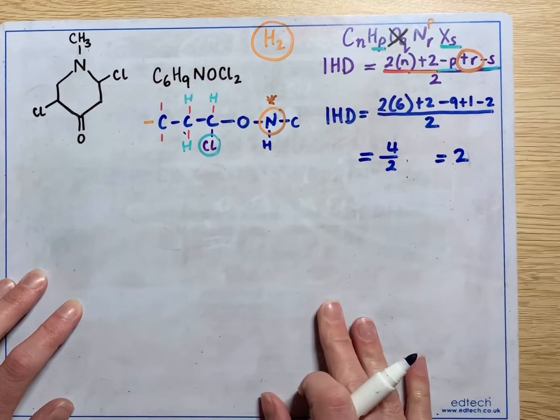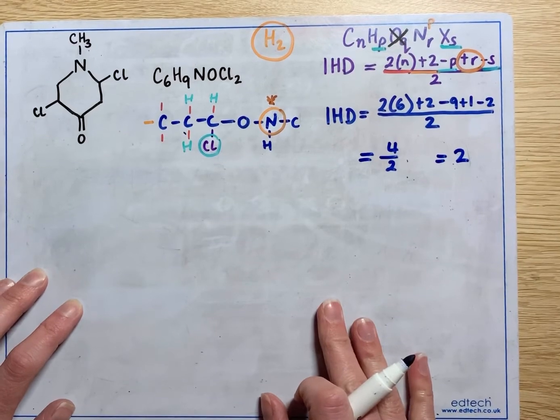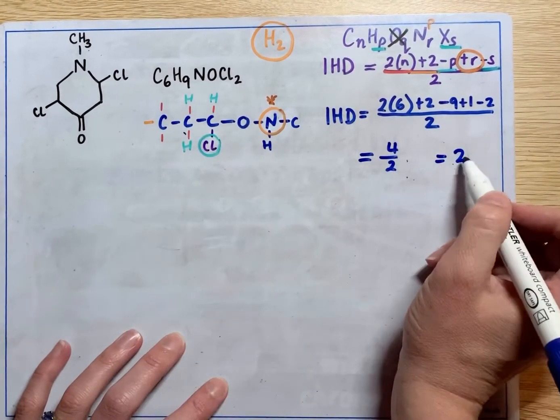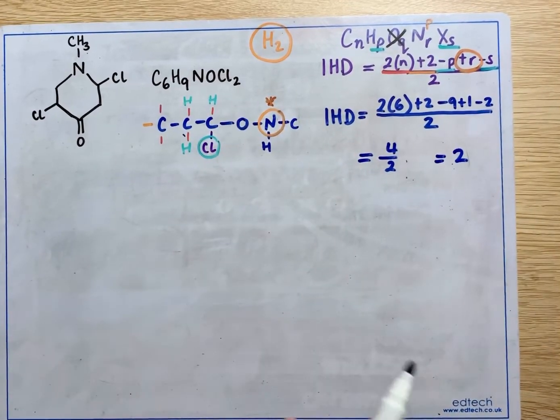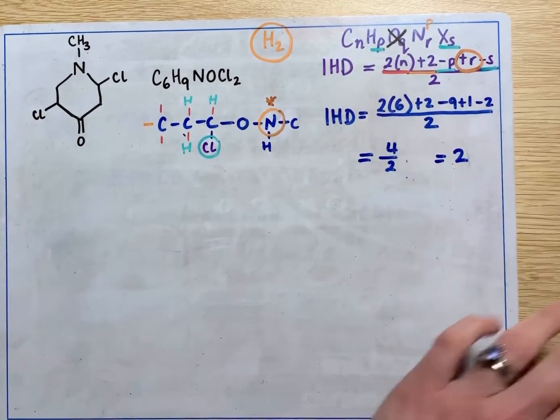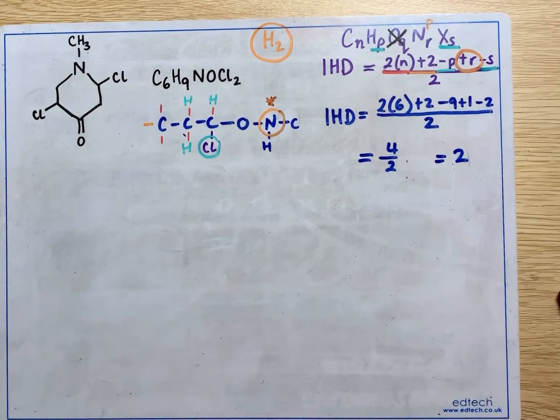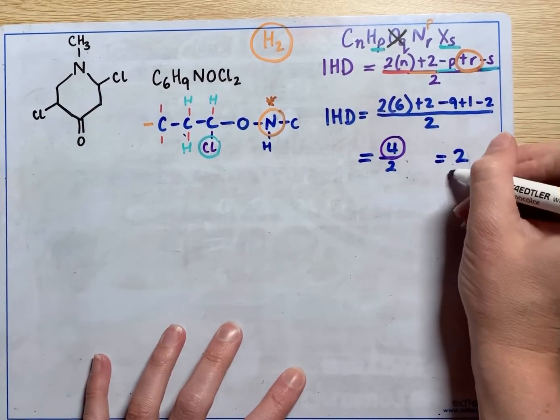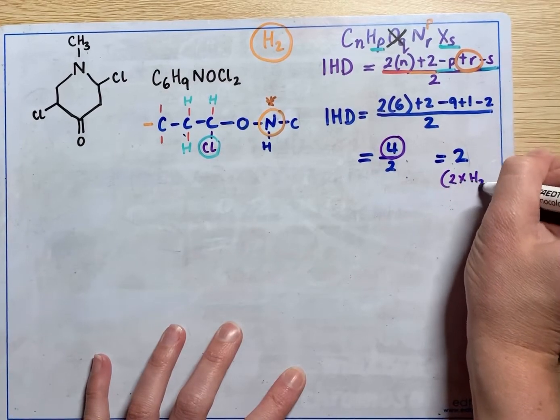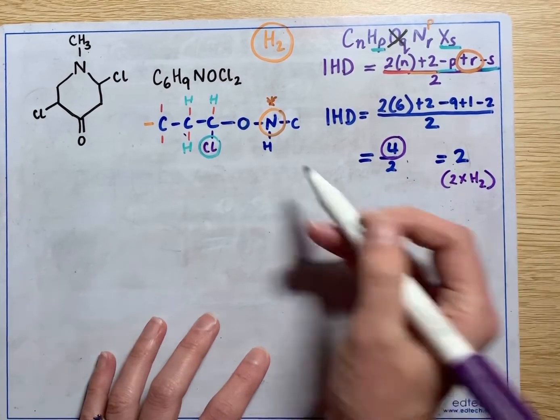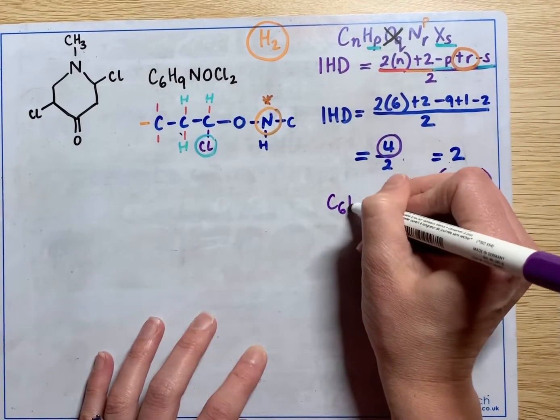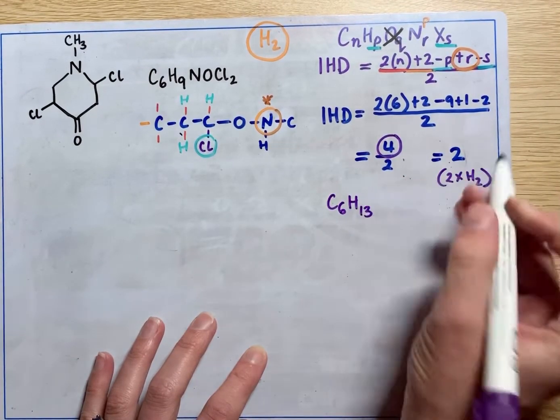So that has an IHD of 2. Now, if we were to rewrite what that molecule could be, if we added 2 hydrogen molecules in, we can just look at our top number. Because we've got 2 lots of H2, we have C6H13 now.